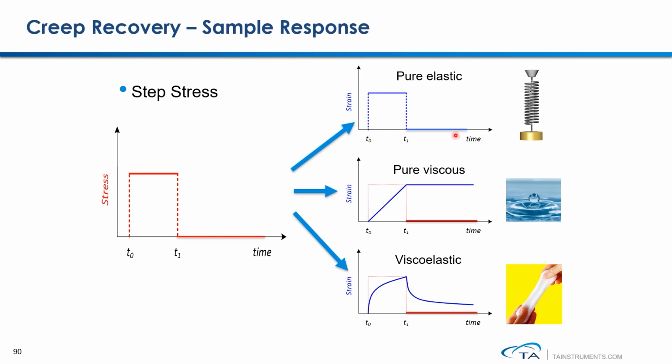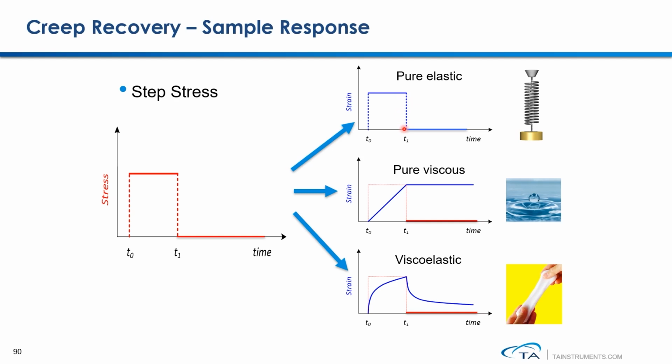When the stress is applied, the spring will simultaneously respond with a certain percentage of strain. As long as you hold the stress constant, the strain holds constant as well. When you release the stress to zero, the strain will instantaneously recover 100% and reduce down to zero.